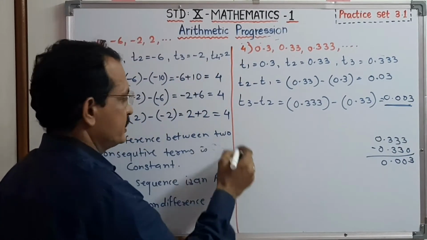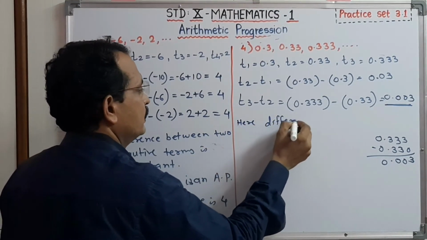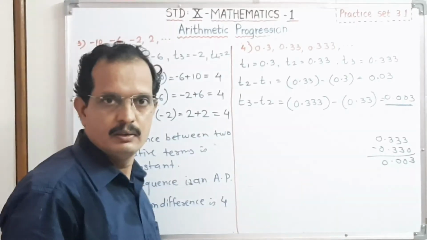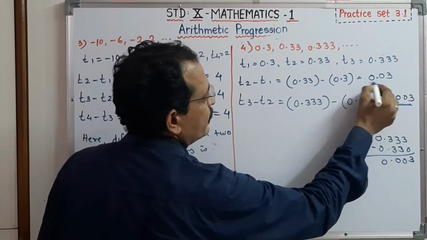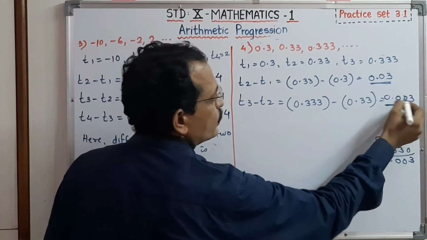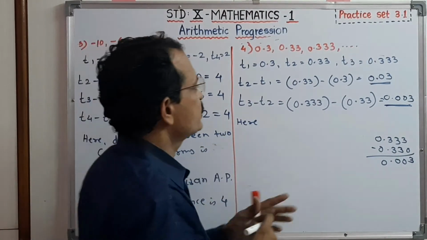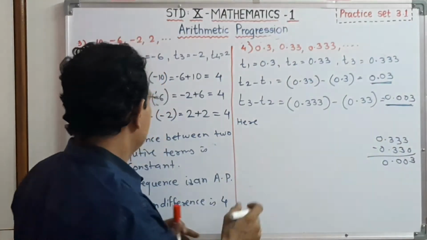That means the difference here, dear student, see the difference. Here it is 0.03 and here it is 0.003. Therefore, the difference between two consecutive terms is not the same and therefore it is not an AP.